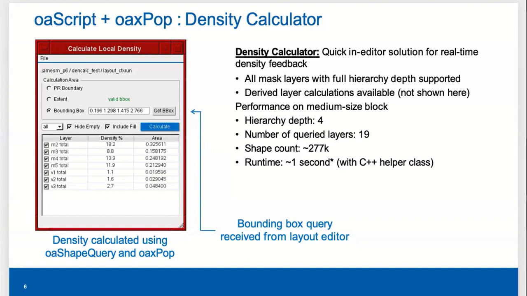You can see some metrics on the right-hand side there. There were a few layers of hierarchy in this case, across 19 layers, a little more than 250,000 shapes, and the runtime was about 1 second to calculate the density real time. So this application, again, could connect to multiple different interfaces and was standalone.